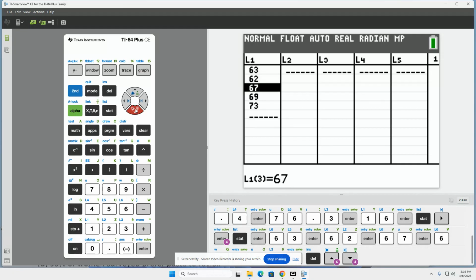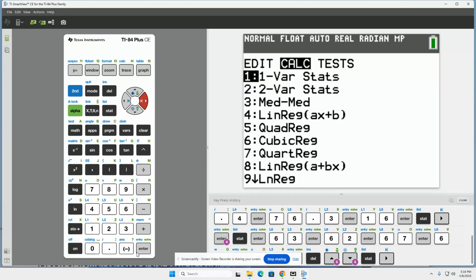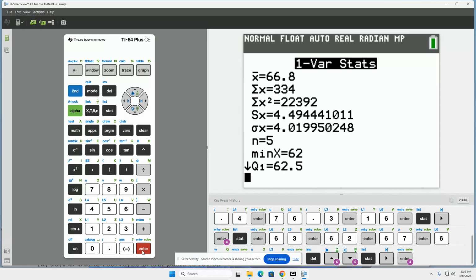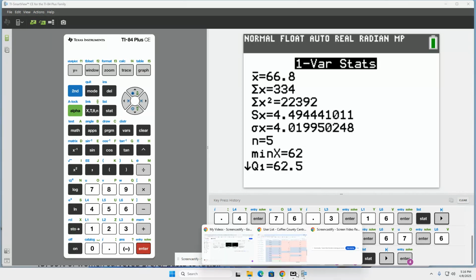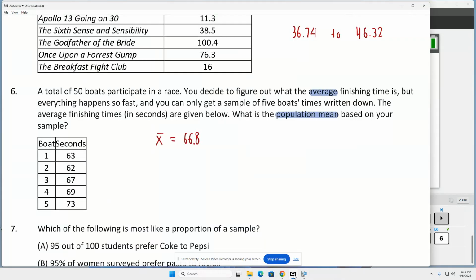Okay, you can clear it, but don't delete it. So here I have my values. Let's run our average. So our X bar here is 66.8. 66.8 is our average. What are we talking about here? Well, it was seconds, right? It was seconds. So 66.8 seconds.